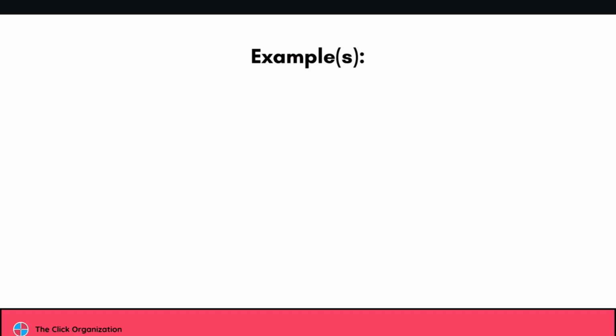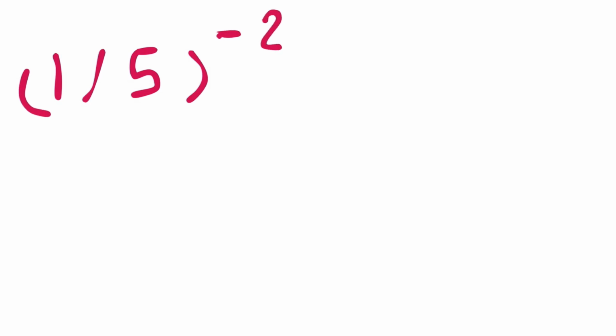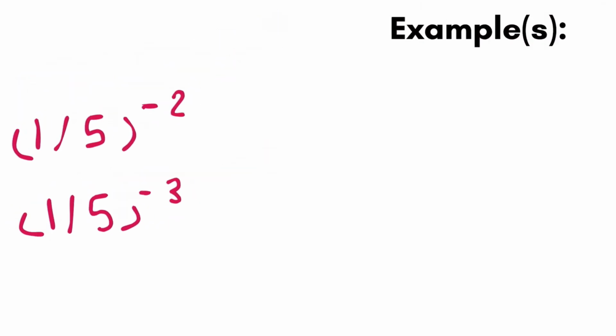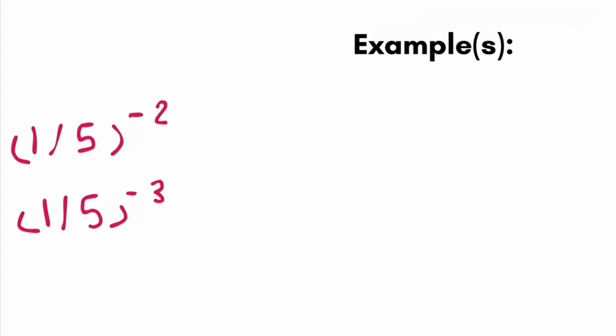So let's do it. For example, I have 1 divided by 5 to the power of negative 2, and also 1 divided by 5 to the power of negative 3. What I'm going to do, I am going to rewrite it so that I can make it simplified.